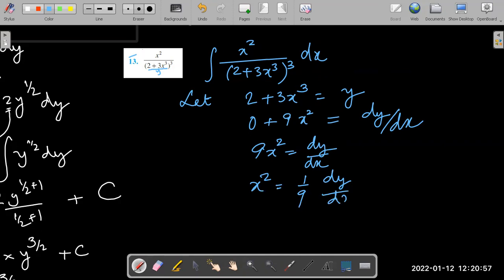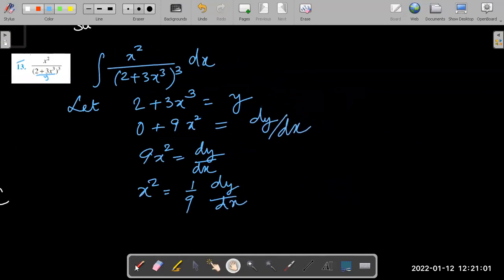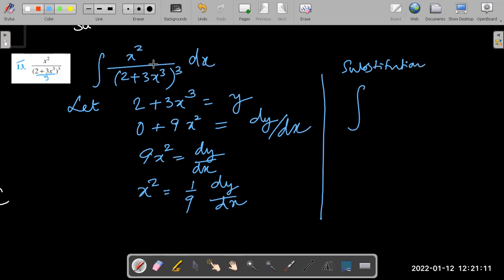This is pretty similar to what we have been doing. Now I do the substitution part. So you have x square dx equal to 1 by 9 dy, right? The usual step.